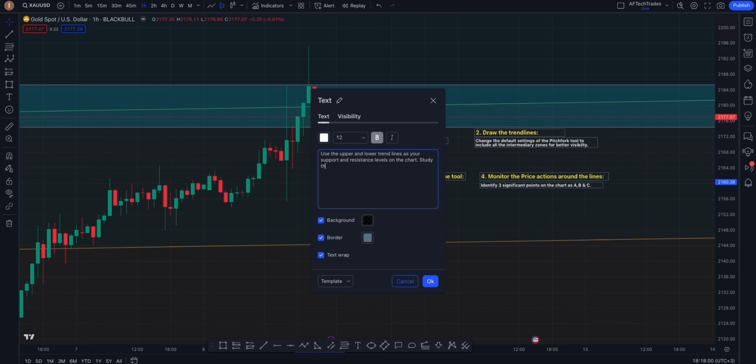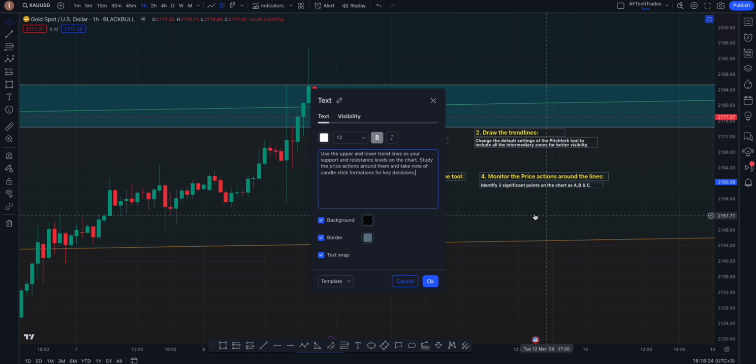Study the price actions around them and take note of candlestick formations for key decisions. Okay, this is it.